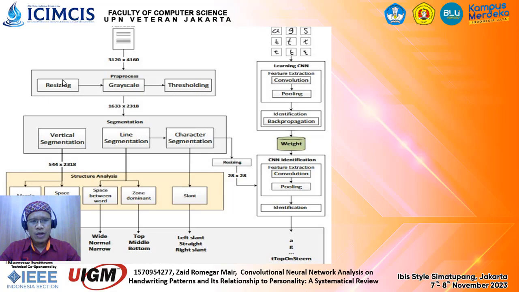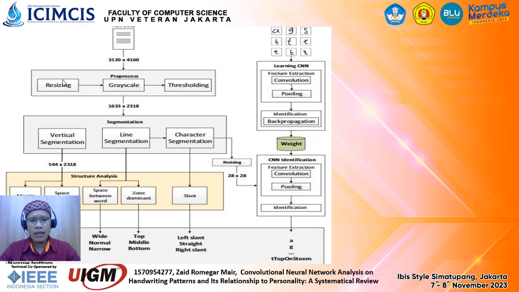In this image, there are pre-processing and segmentation, and then the structure is analyzed after resizing to 28 times 28, and the CNN learns by feature extraction, convolution, and pooling. Then identification and backpropagation.